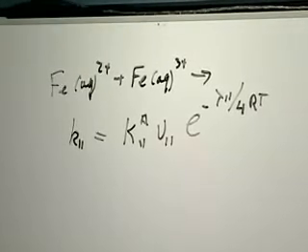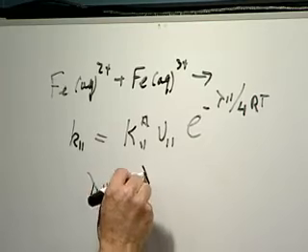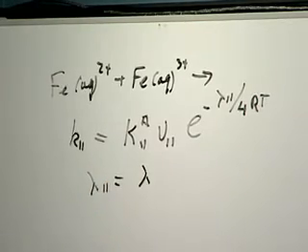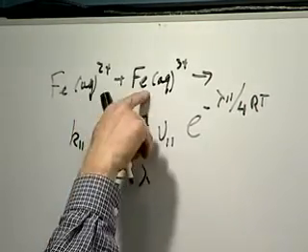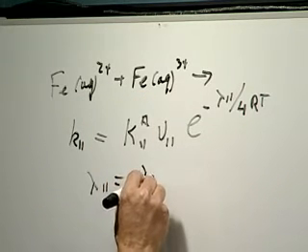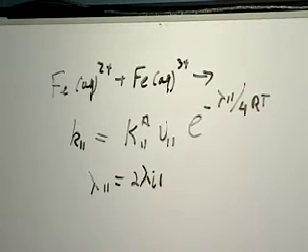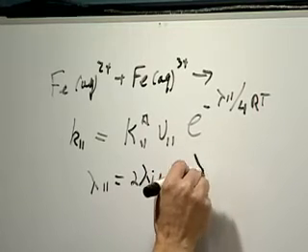And lambda 1 is going to be equal to lambda. You're going to have a reorganization term for each of those, an inner sphere. So it's going to be 2 lambda I1, plus an outer sphere term.